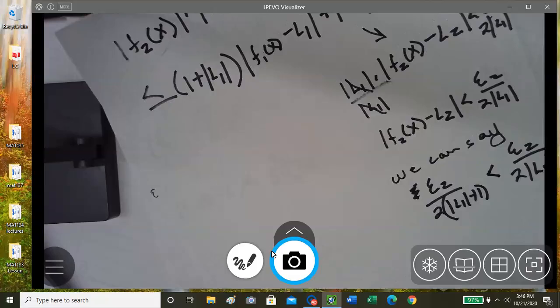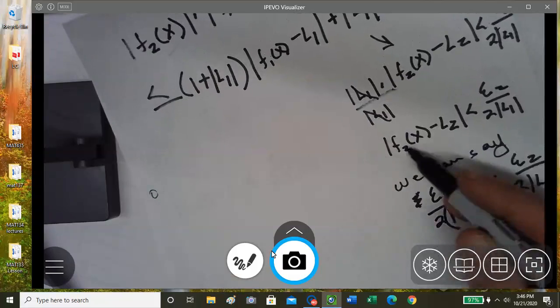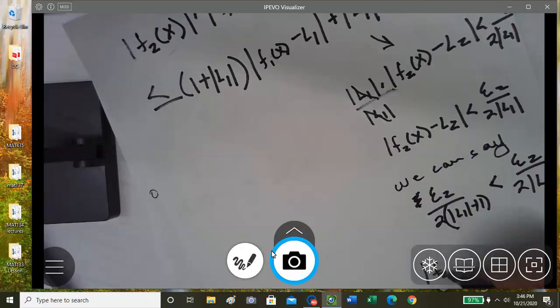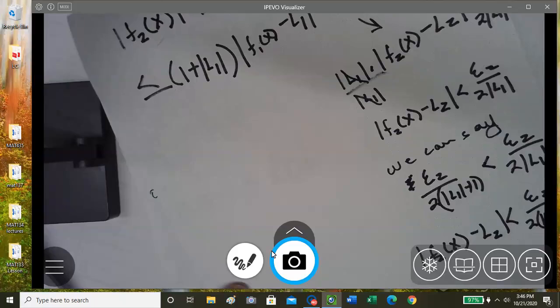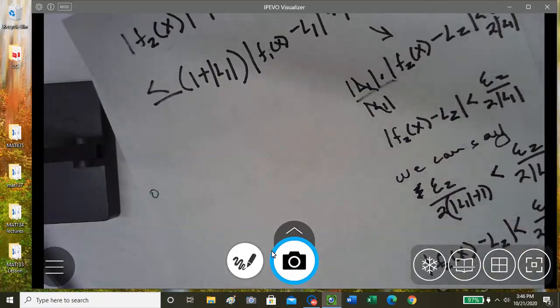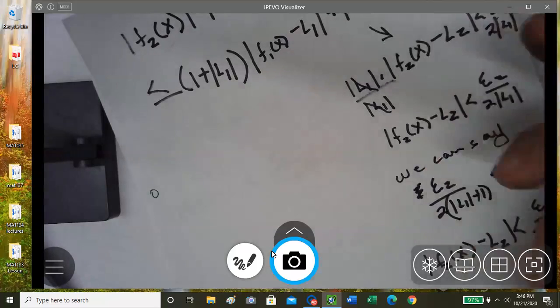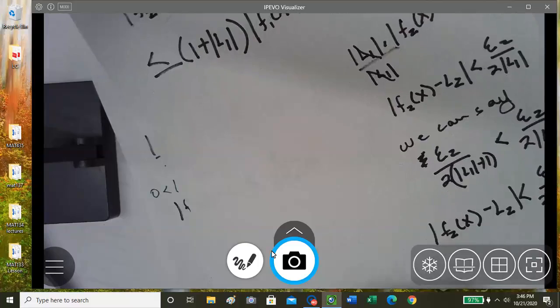So now we're saying that absolute value of f2 x minus L2 is less than epsilon 2 over 2 times absolute value of L1 plus 1. Okay, so that means that this is going to be less than that. So this equation will be less than this.